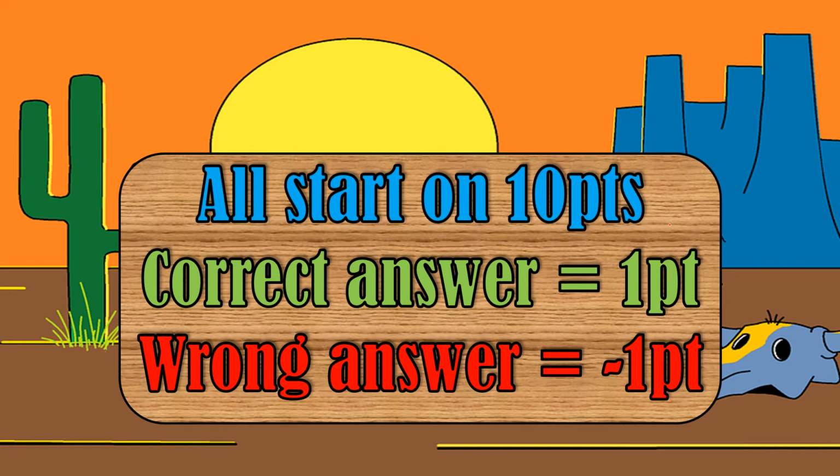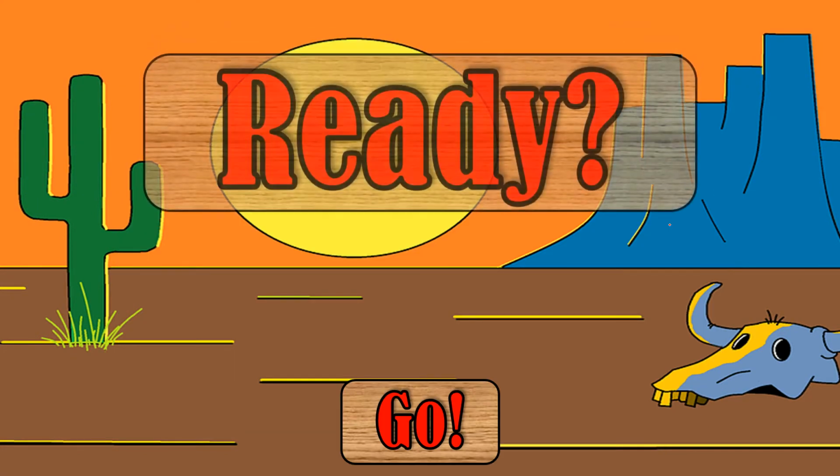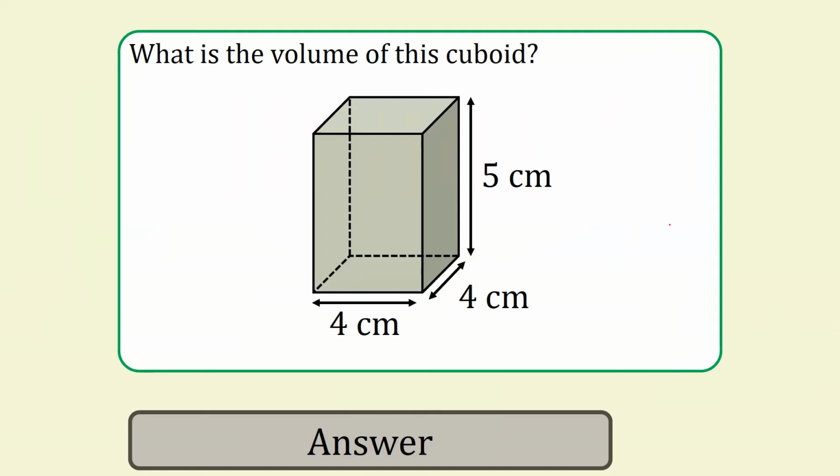Right. So everyone, you start on 10 points. So write your points down. If you get the answer correct, you get an extra point. If you get it wrong, you lose a point. Okay? Off we go. There you go.